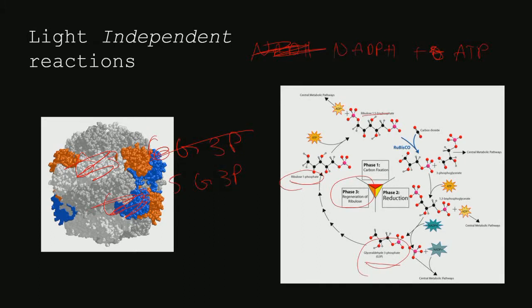All of this happens with the enzyme called Rubisco, which is basically an enzyme that's in the stroma of the chloroplast, and it's just where this whole cycle occurs.